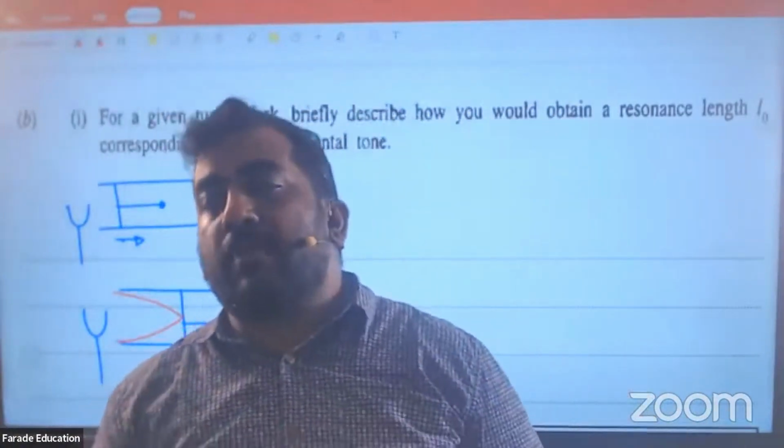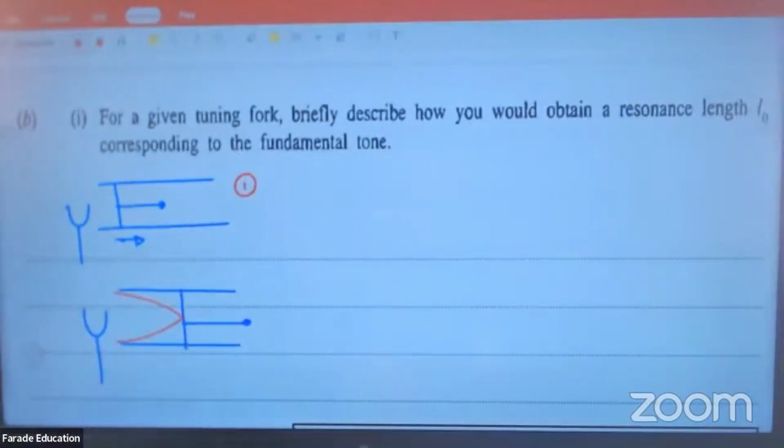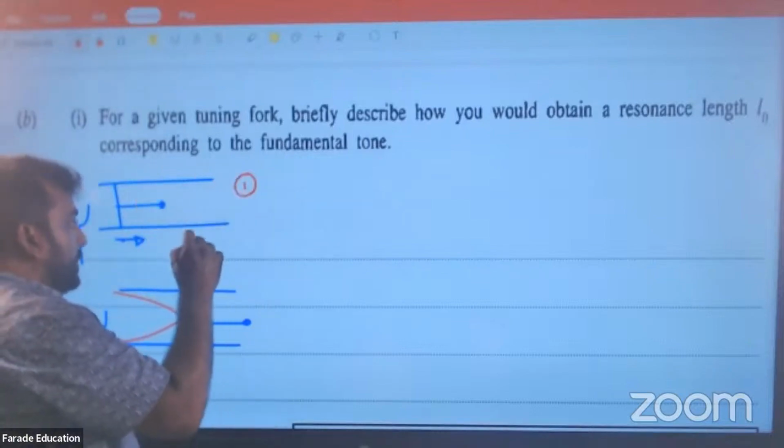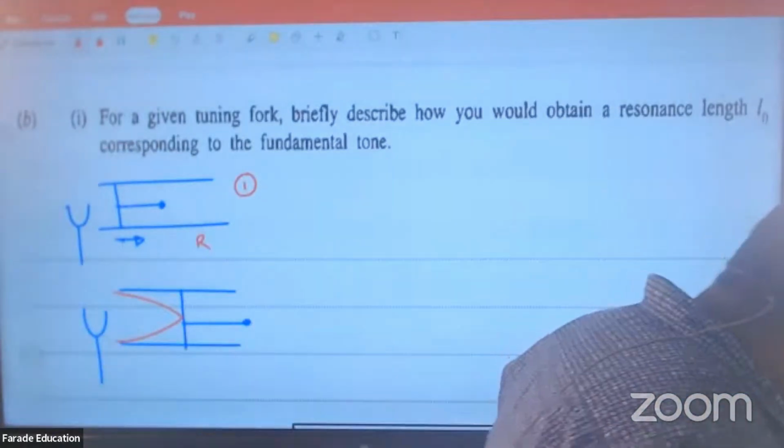Start from a very small vibrating length as shown in the figure. Vibrate the tuning fork and place it near the open end of the tube. Gradually move the piston to the right.